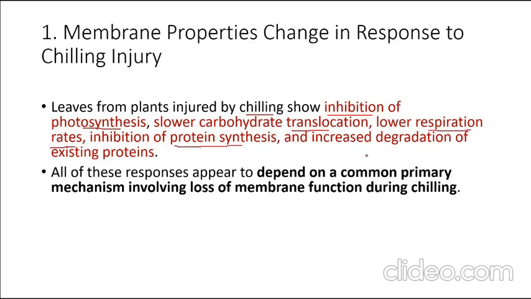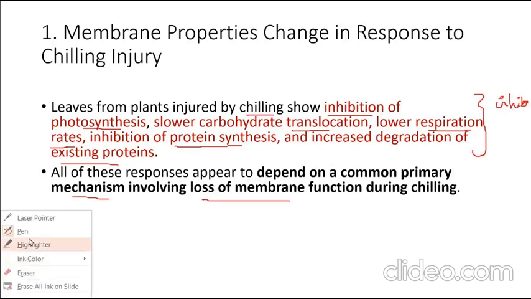Protein synthesis is inhibited and existing proteins are degraded. All these responses depend on a common primary mechanism which involves the loss of membrane function. So when the membrane function is lost, these pathways are affected.